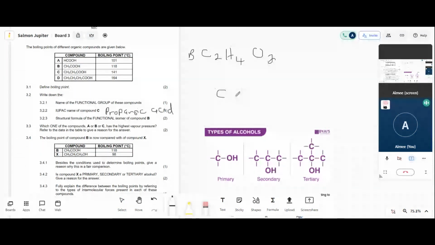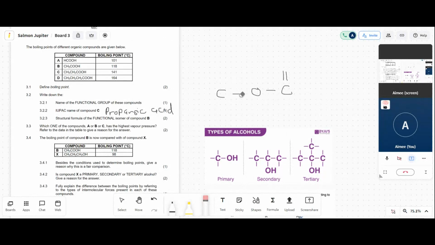So we draw COC. And that's your final answer. That's your final answer for 3.2.3.